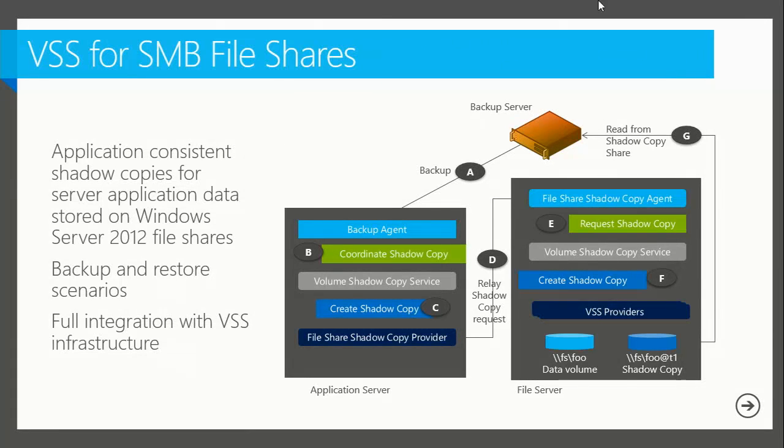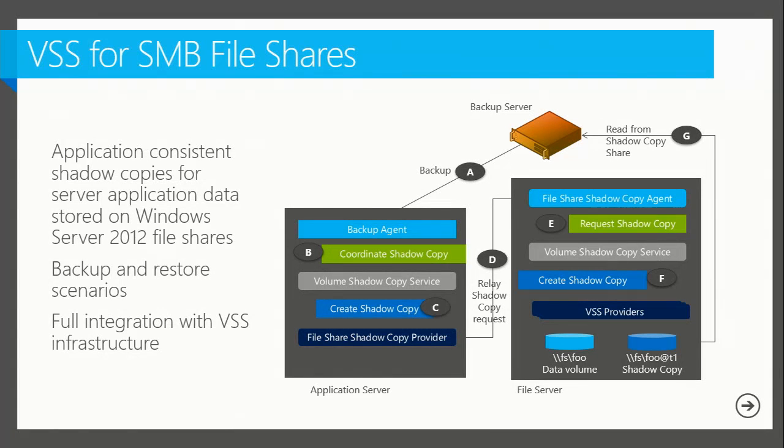So you can see that your backup server will talk to the agent running on, say, your Hyper-V box, and it will use this new file share shadow copy provider to go remote to the file server, and then say that this is your data volume, \\fs\foo. Then when you create a snapshot, it creates another share that has the shadow copy, that has the snapshot.